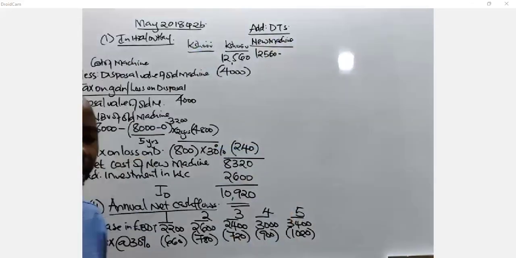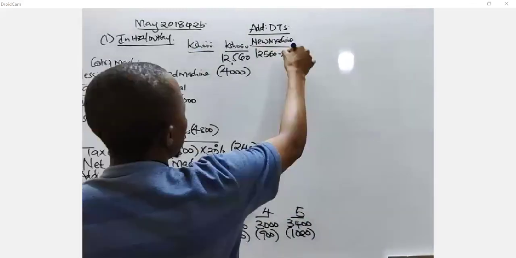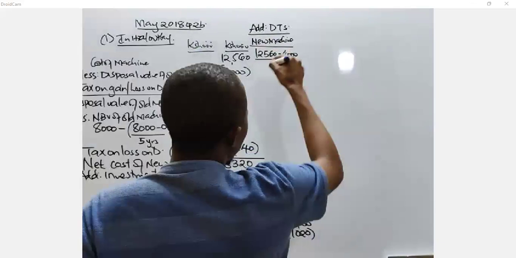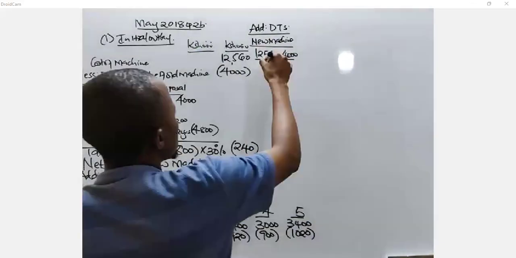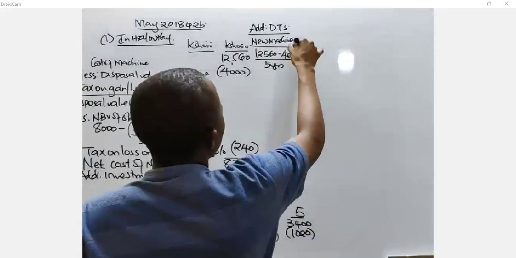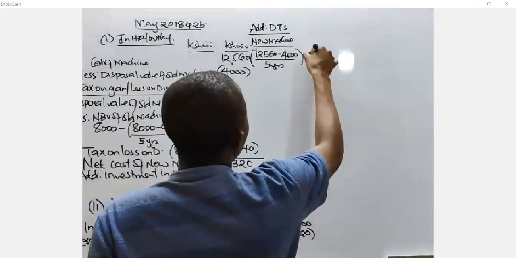Does our new machine have a scrap value? We say yes. Where? In paragraph 2, we are told the new machine is expected to cost 12,560 with a salvage value of 4,000. You divide by the number of years, which is 5 years. Then all of these we multiply by 30%.